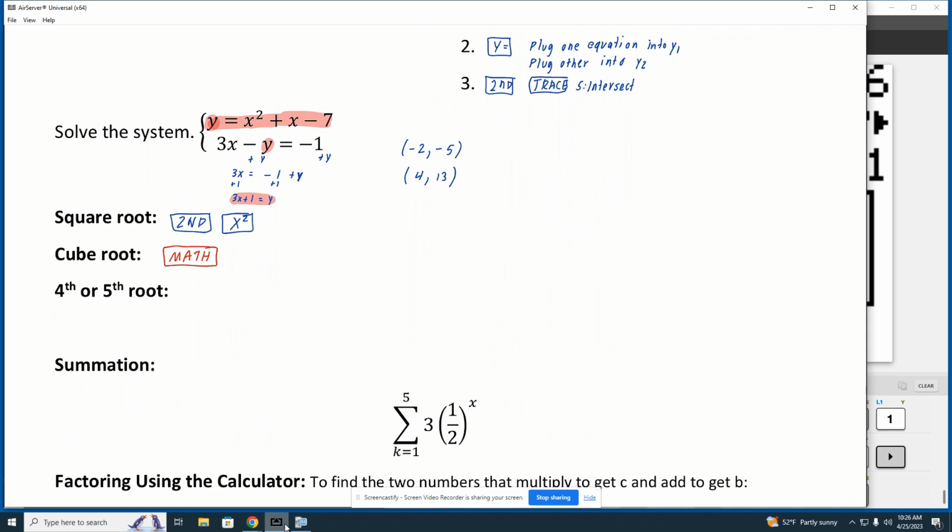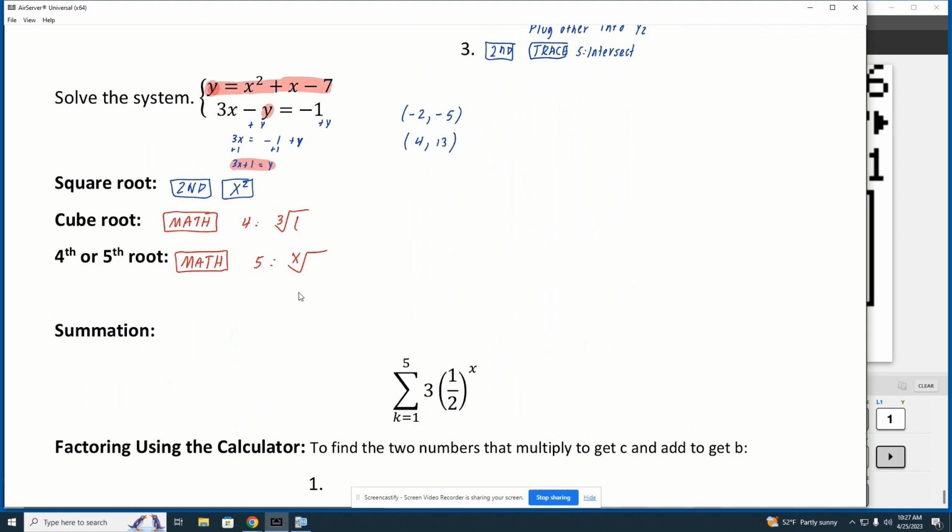Math, number 4, which says cube root of, like that. To do a fourth or fifth root, you're going to go to math, but you're going to do number 5, which says x root. And you're just going to enter what root you need, for example 4.